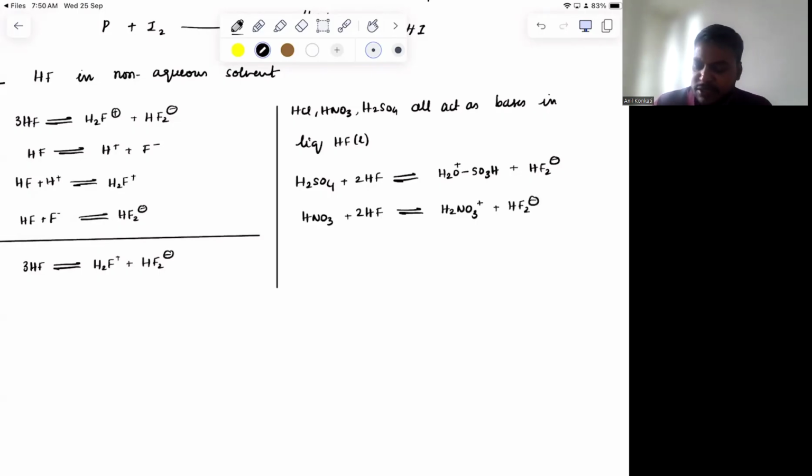So these are generally acids, but when you add them to pure liquid HF, this is what you'll notice.